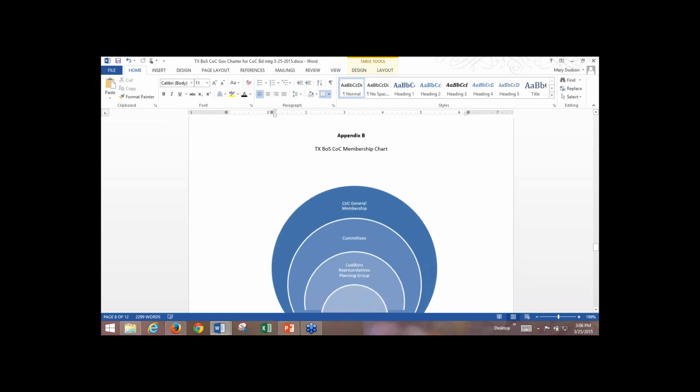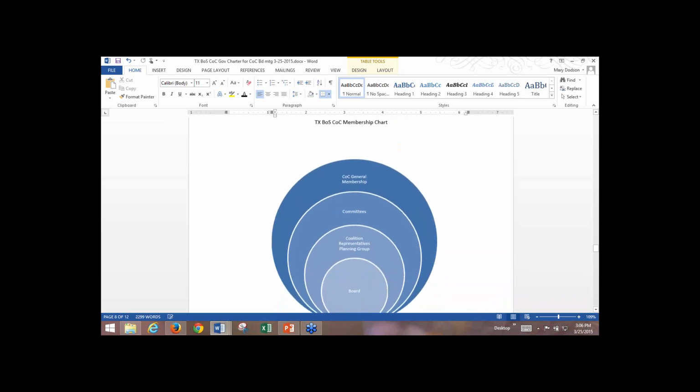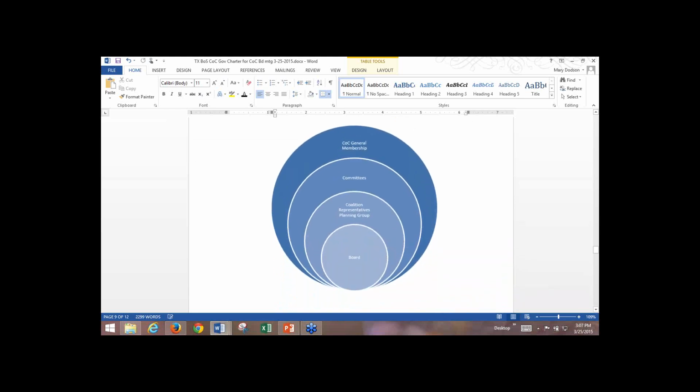And a little bit of a different way to think about the COC is what we call the membership chart. This is similar to the one that Eric showed you about THN and Balance of State, where the largest grouping is the COC general membership. That's where all people fall into that category. Then from that category, anybody may serve on committees.